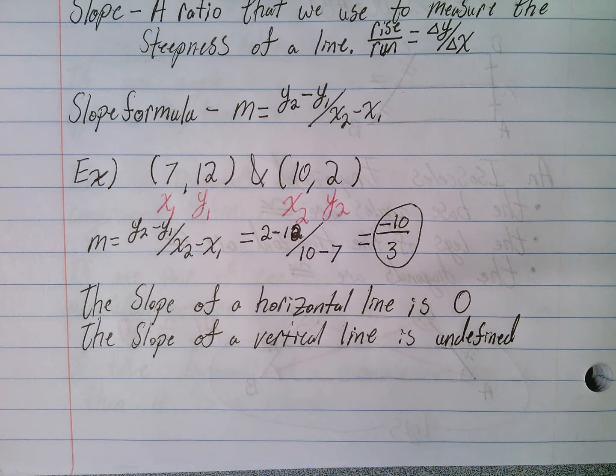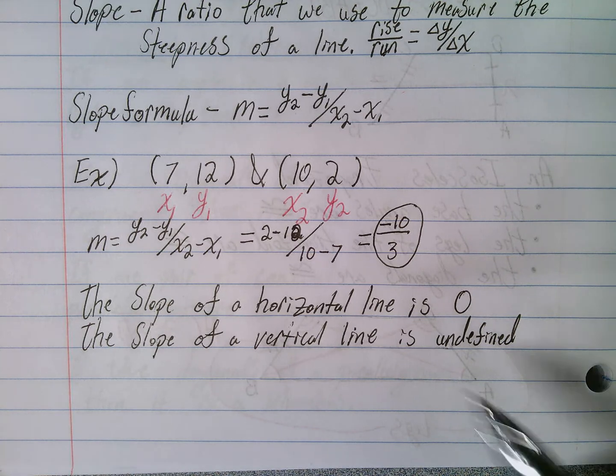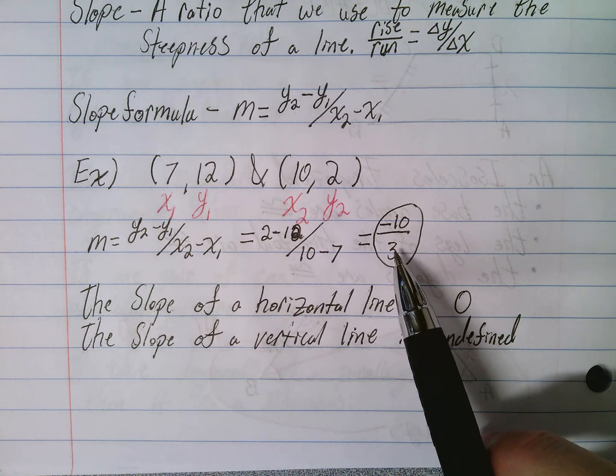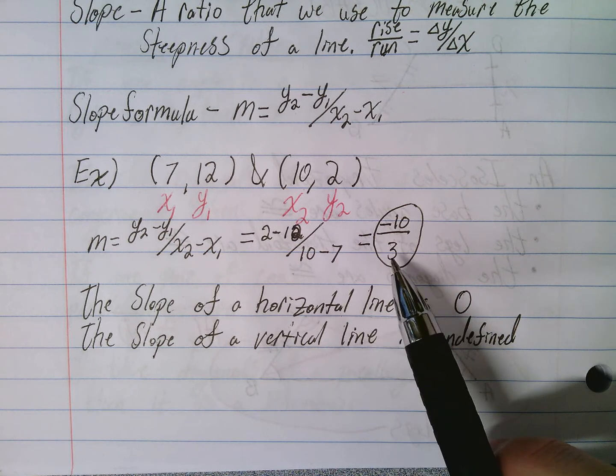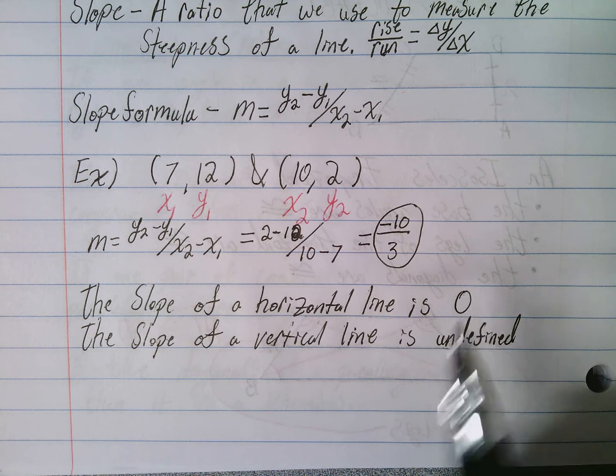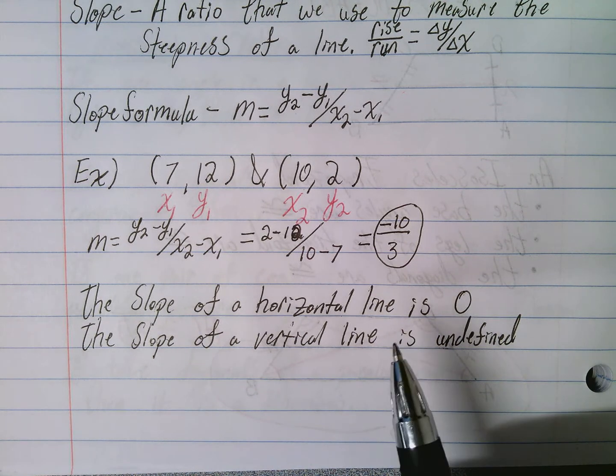Give me a reason, Donovan. You can't divide by 0. Love it. Perfect. Because in this case, our run would be 0. So if it was a vertical line, our run would be 0, and we can't have that. And I'll nerd out later.